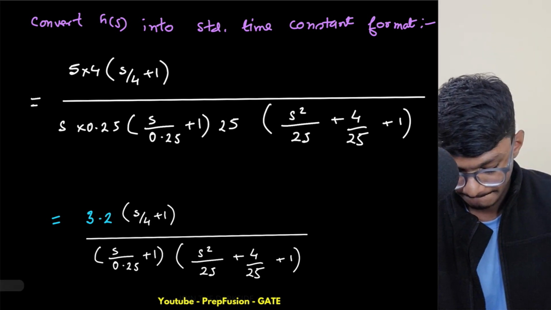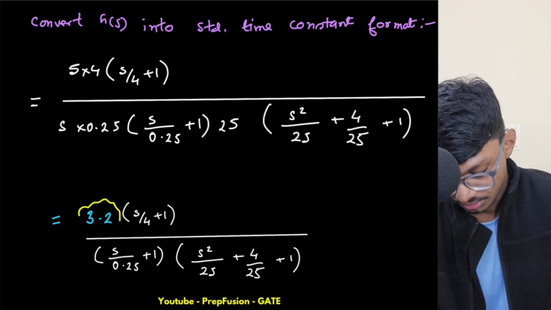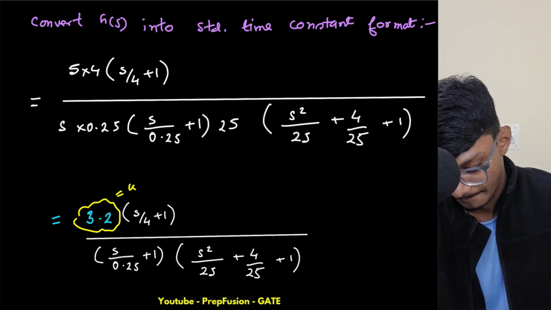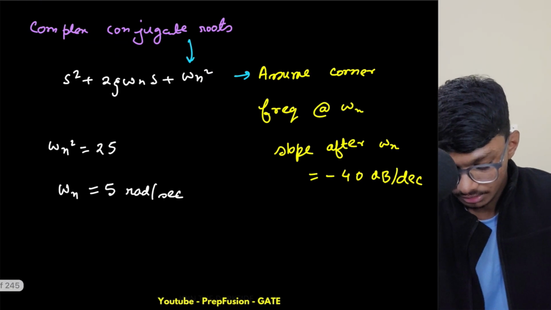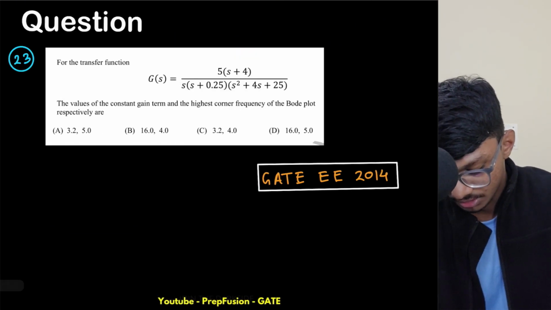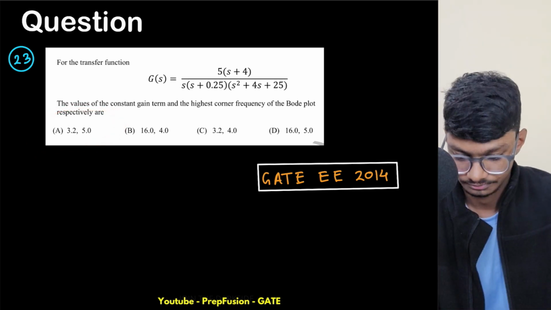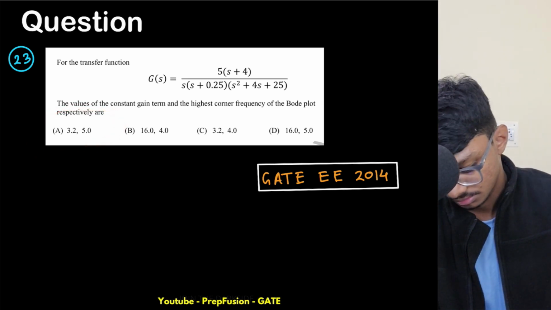So one more thing: 3.2 and 5, so what is the option? Option A is correct.